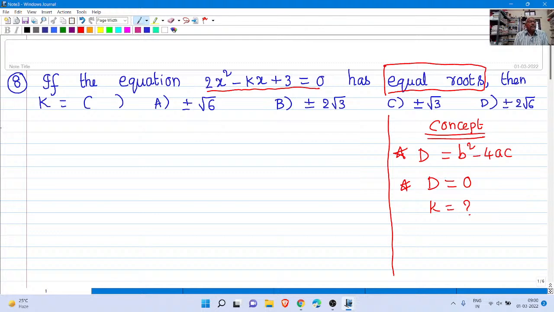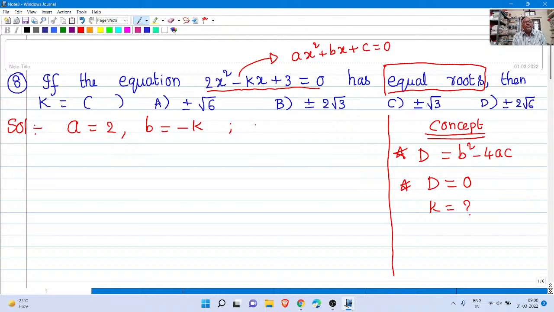First, let us find the D value. We compare this with ax square plus bx plus c equals 0. On comparing we get a equals 2, b equals minus k and c equals 3. Since equal roots means D must be equal to 0, D is equated to 0.